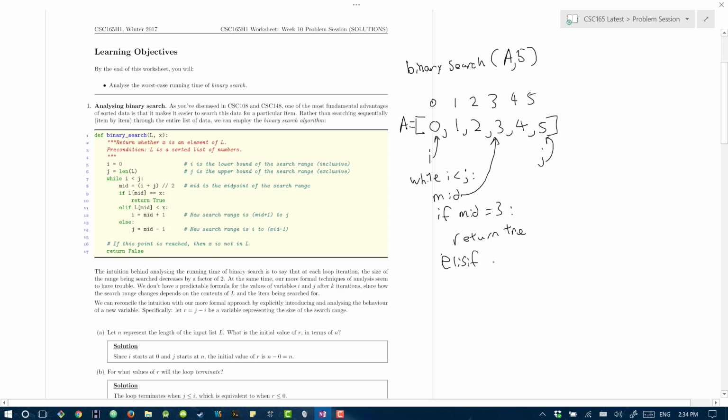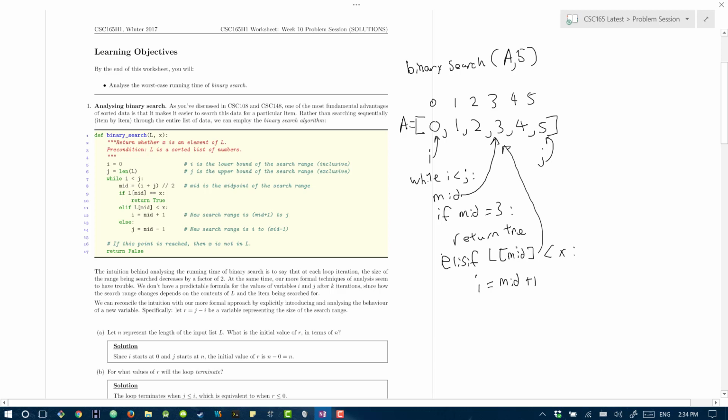So we have else if the value at the middle, L[mid], which points to that, is smaller than x, then i equals mid plus 1.